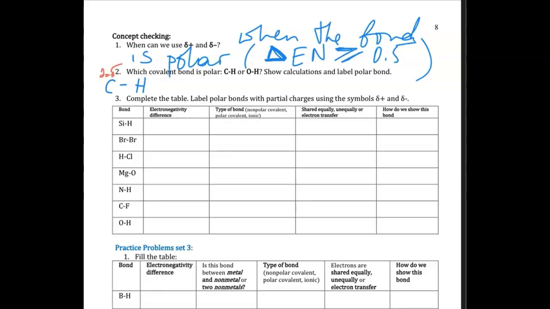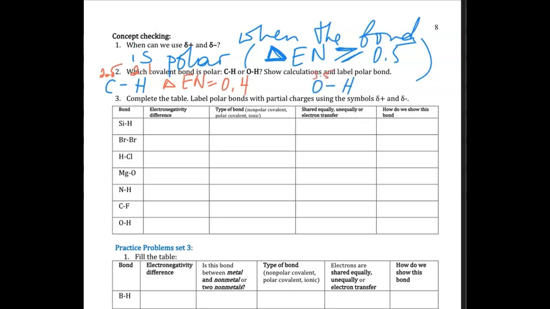For carbon it's 2.5, for hydrogen 2.1, and we calculate this electronegativity difference, and it will be 0.4. That means the difference is small enough to consider this bond a non-polar bond.